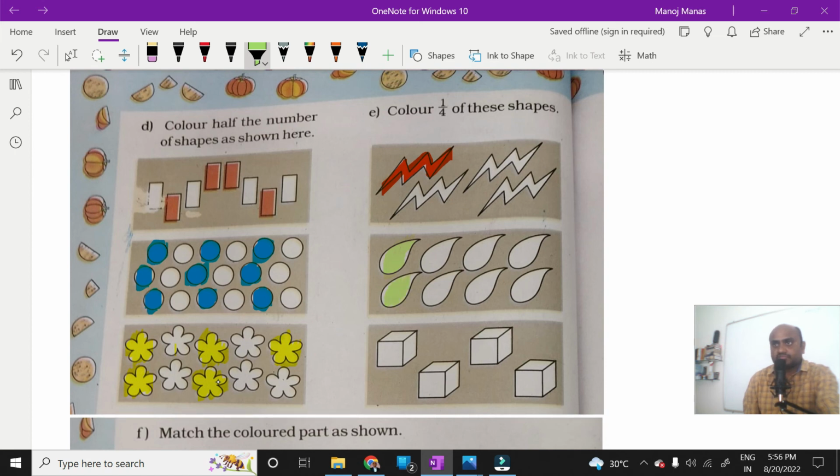So I have drawn it for only the first pair. Okay, and similarly the last one is also similar to this diagram. So you have to color any one square in that box. Okay, so this is how you will be coloring different items.